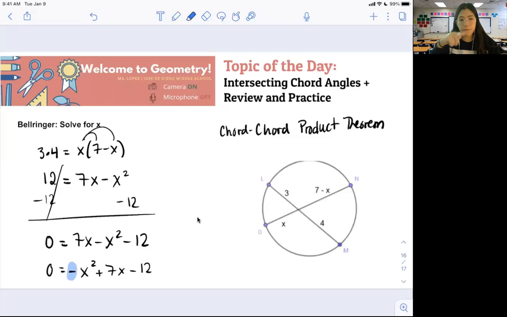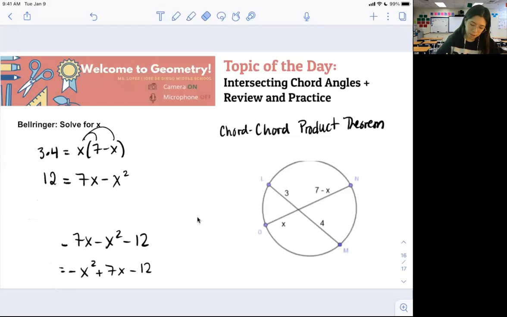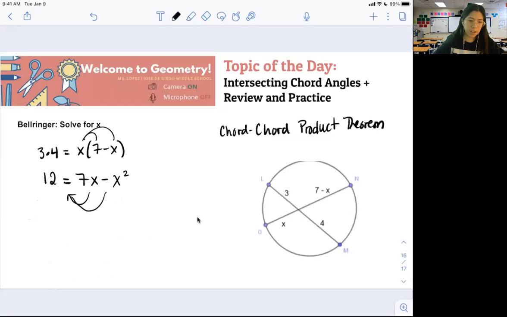So instead of moving everything to the right side, which seems easier at first, it's better to go the opposite way, because then the x squared is going to be positive. So I'm going to move both of these to the other side. I'm going to subtract 7x and add x squared on both sides.